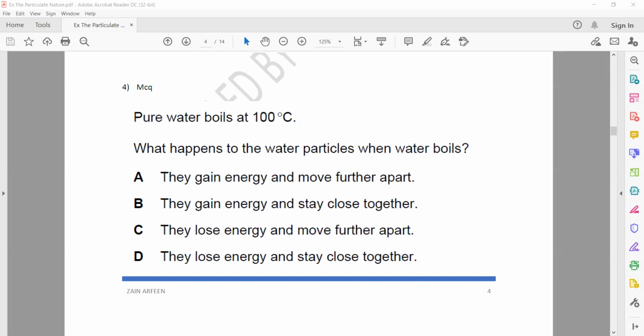So A, B, C or D. So basically, when we supply energy, the water particles gain energy and they move further apart, or they change their state. So A is the right answer for question 4.